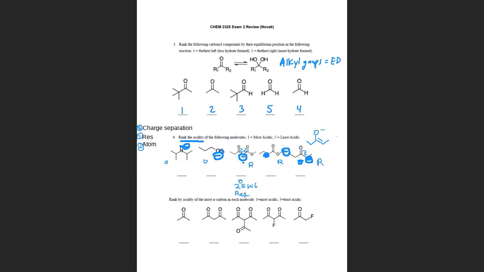Let's look at the other ones. This one over here, this 4th one, we have some good resonance as well. It has a couple of resonance structures it can form with this oxygen, and so a decent amount of resonance. And also, it has 1 electron withdrawing group if you count that ester.